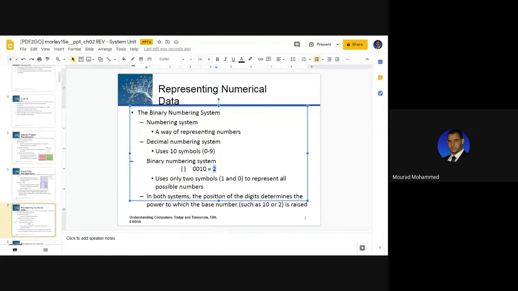Those conversions, those behaviors, are actually done by the central processing unit. Now, in conclusion, just to bring your attention and make you understand more what I was explaining, the representation of the data has to be in binary, has to be measured and put in memory, using data units.